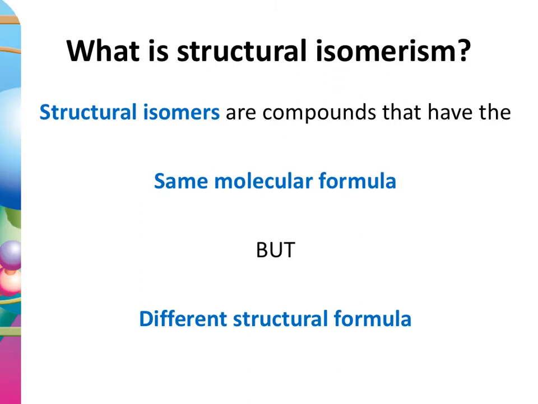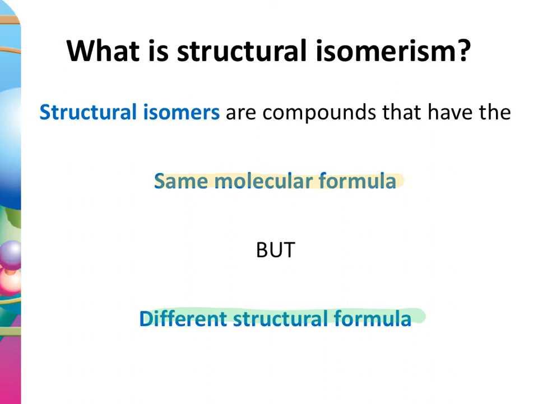Okay, so in structural isomerism, we have the same molecular formula. This is going to be true of all isomers. They are all going to have the same molecular formula. And in structural isomerism, what we're then focusing on is the fact that they have different structural formulae. So we saw an example of that right on the first slide where I did the C3H6O, and I had 2 structural isomers.